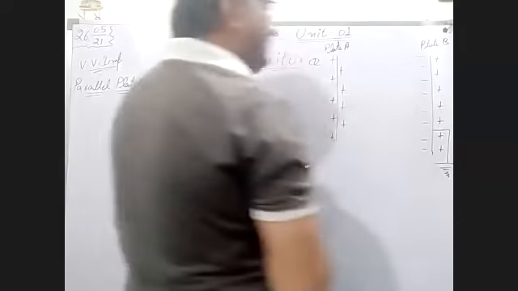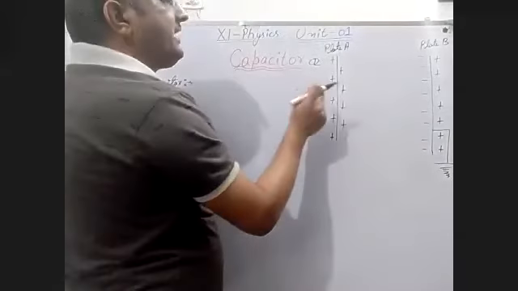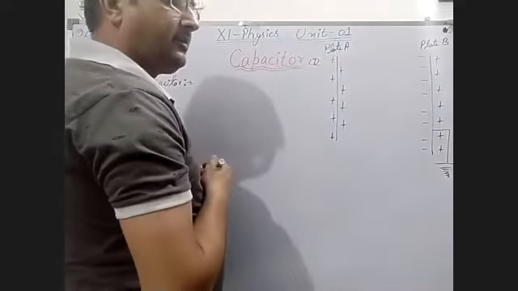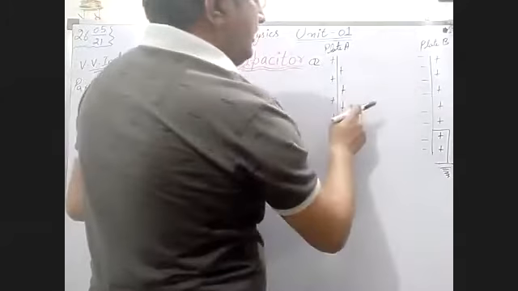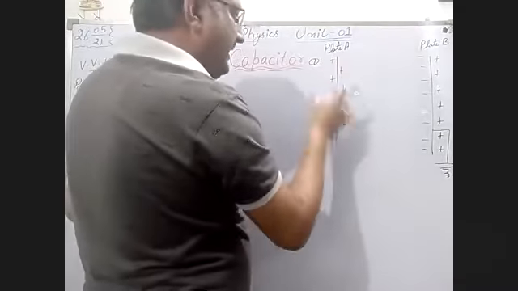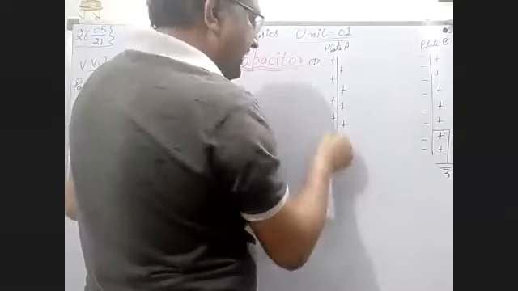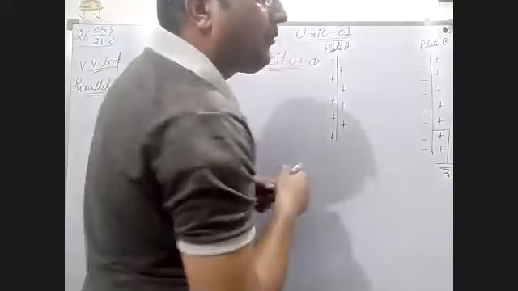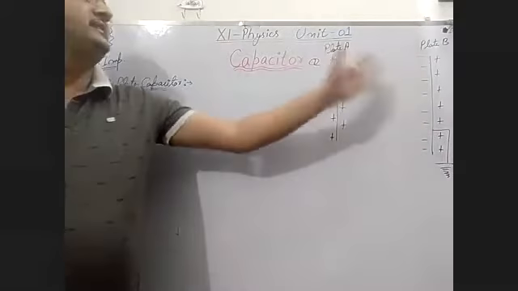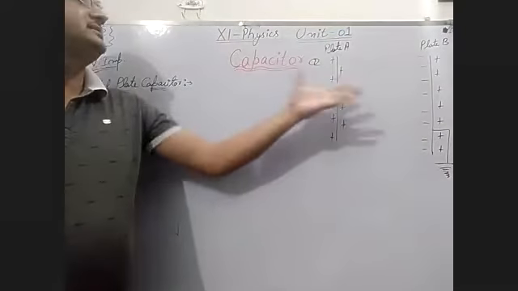We can free this side, and this negative charge is responsible for reducing the potential at A, but for increasing it we give this plate more and more charge. This is the principle. That's why these plates store charge, and this device is called a capacitor.